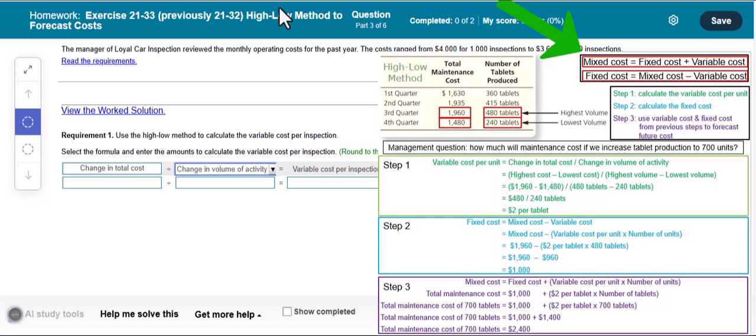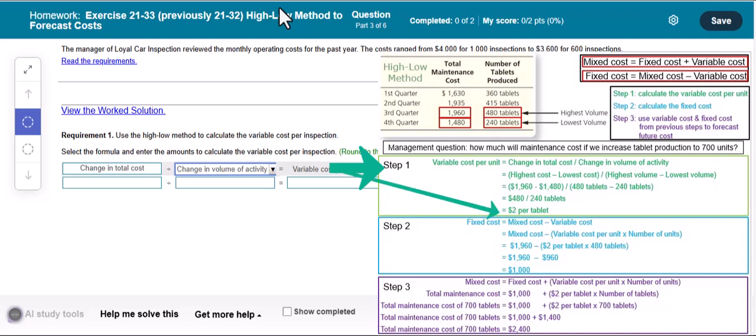They call it the high-low method because we take the highest level of production, 480 tablets, and the lowest level of production, 240 tablets, and use those two data points to calculate the variable cost per unit and then the fixed cost. In step 1, we calculated that the cost per tablet was $2.